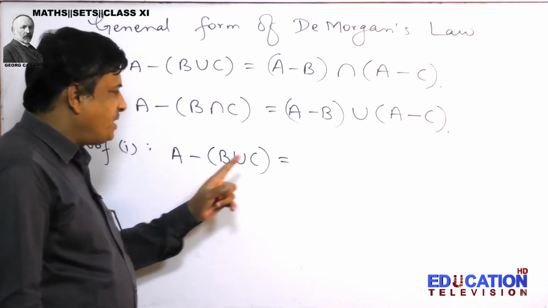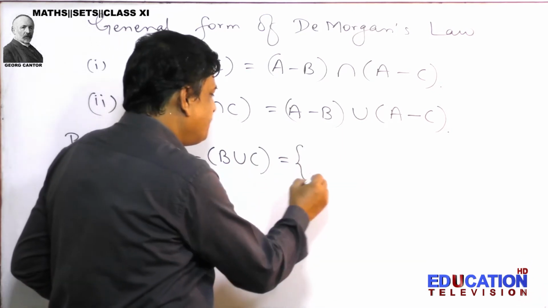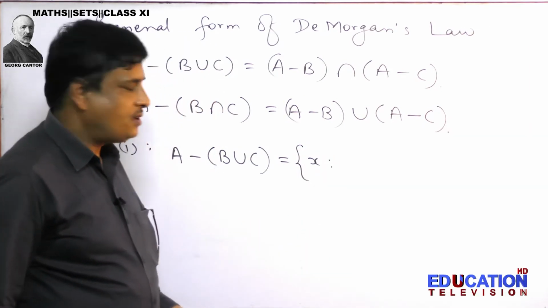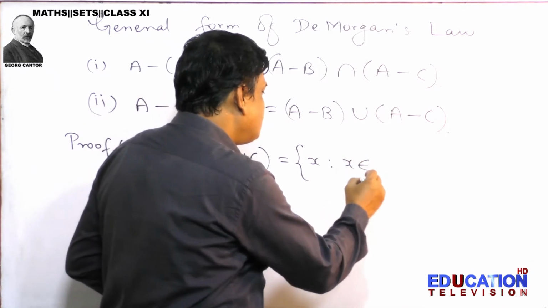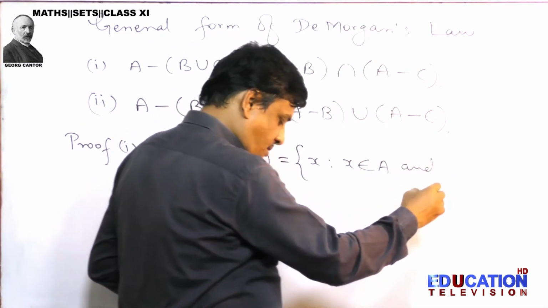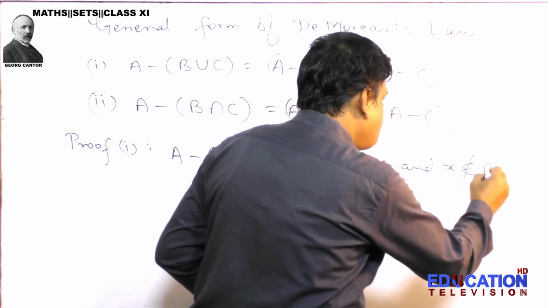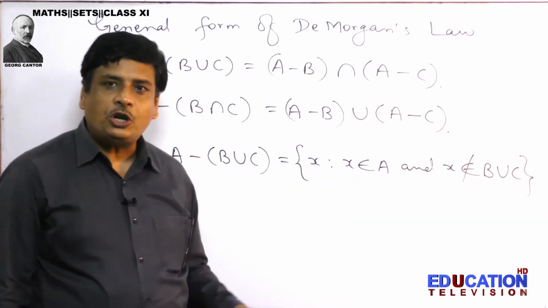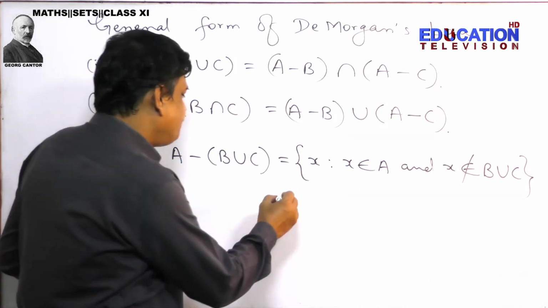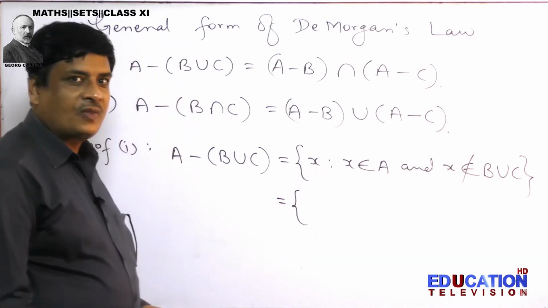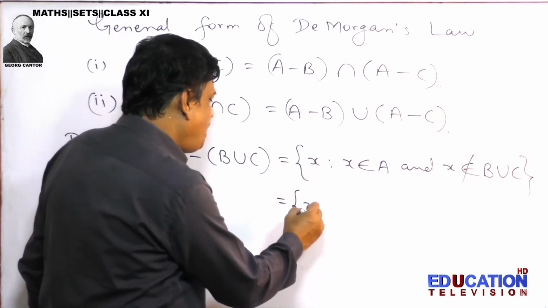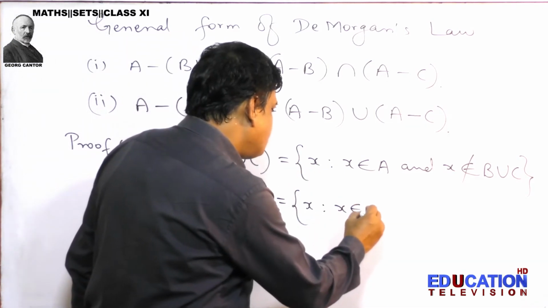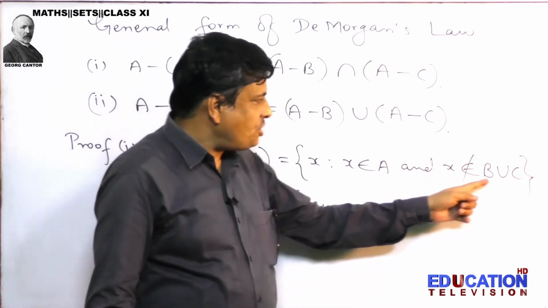Difference of two sets is a set of element X such that X belongs to A and X does not belong to B union C. It is by the definition of difference of two sets. Is equal to a set of element X such that X belongs to A, X is not in B union C.